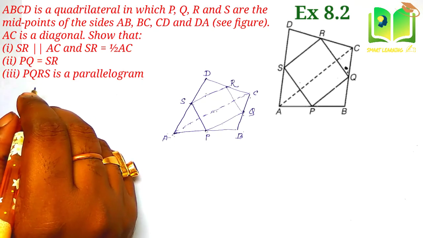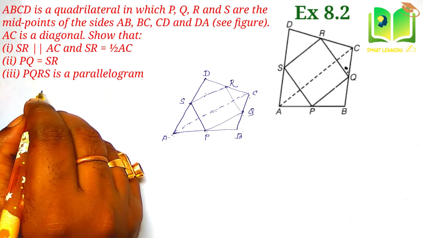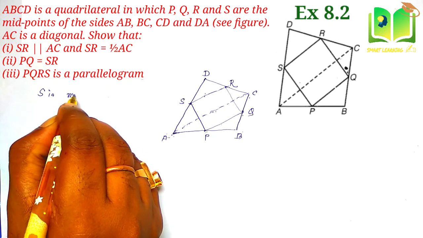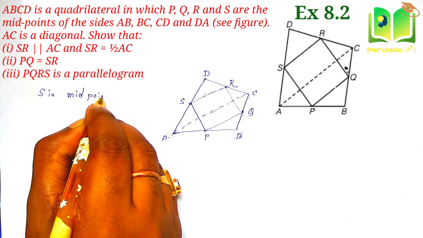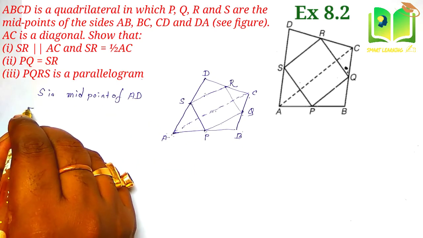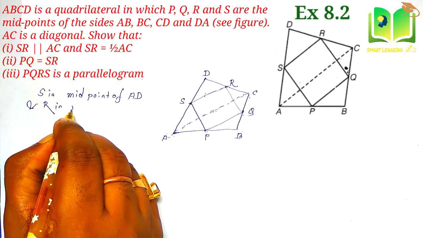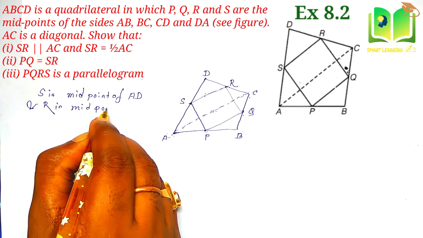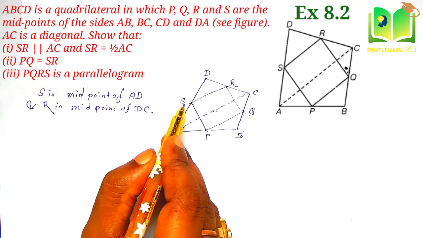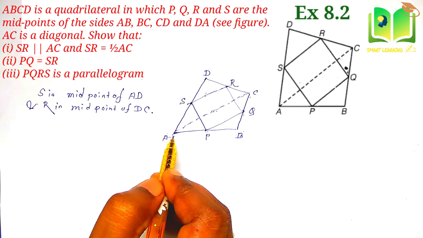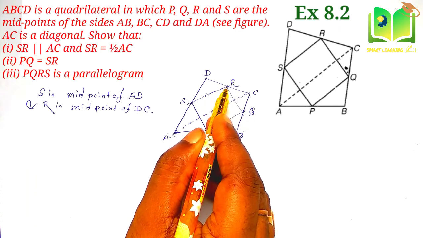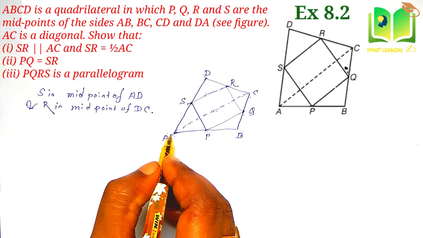First we will write here, S is the midpoint of AD and R is the midpoint of DC.